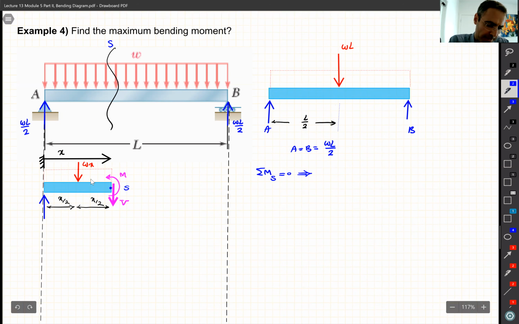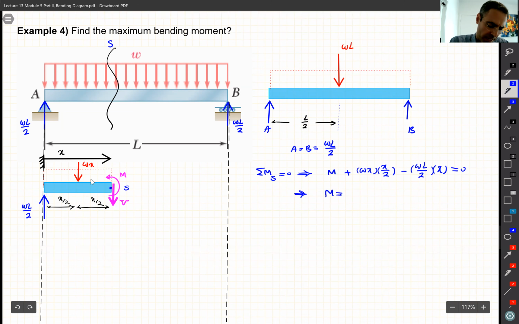What do I have? I have M, which is positive. I have Wx multiplied by X divided by 2, which is again positive. And then I have WL divided by 2 multiplied by the distance, which is X, equal to 0.